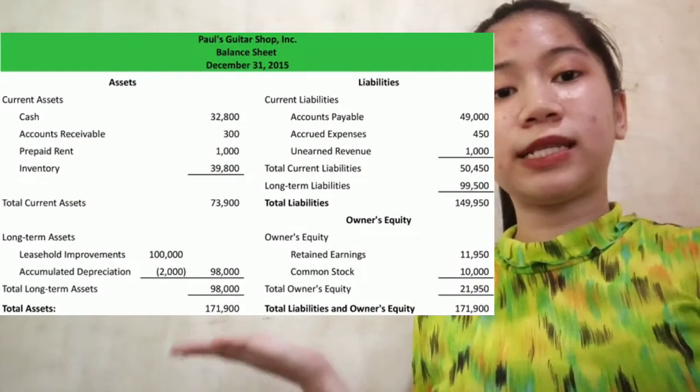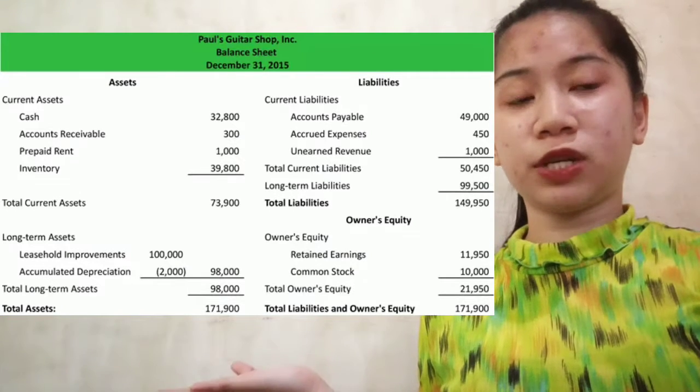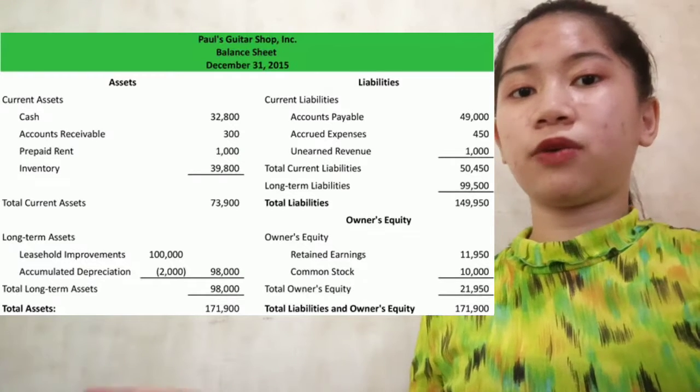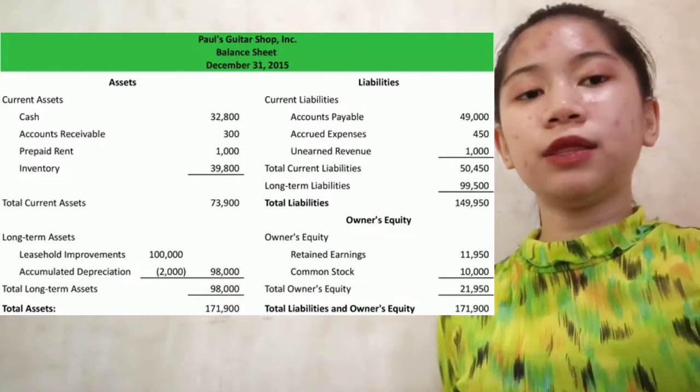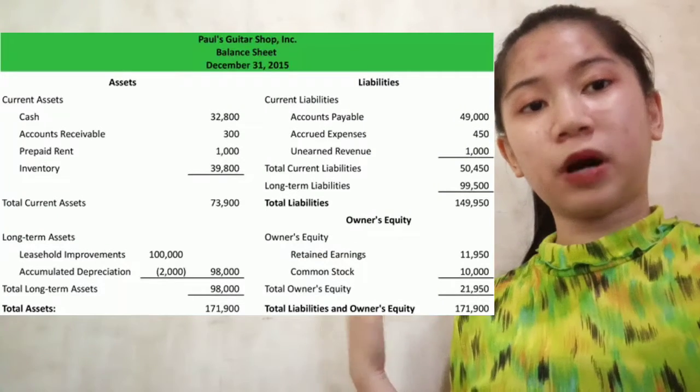So this is the example of writing the statement of financial position in account form, where the assets are written on the left part and the liabilities and equity are written on the right part.